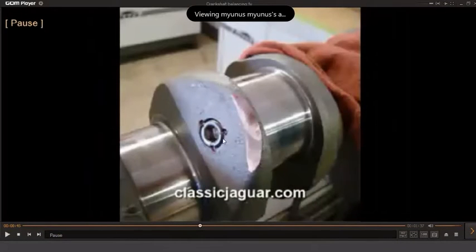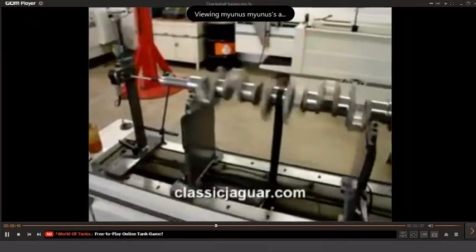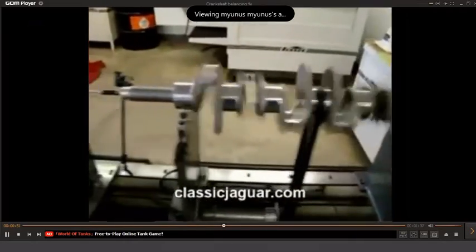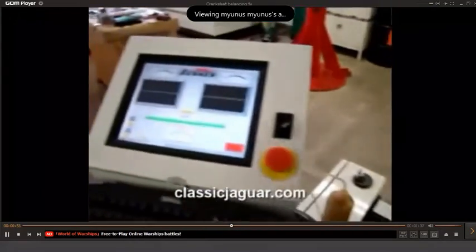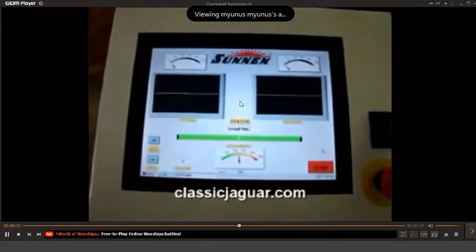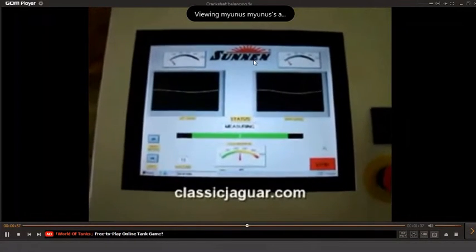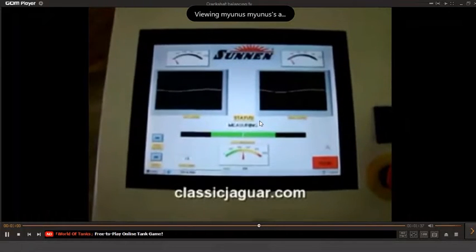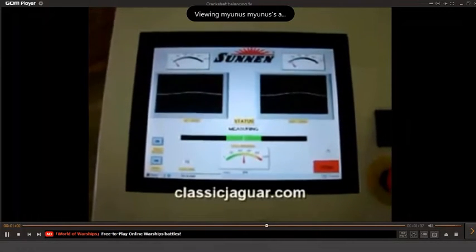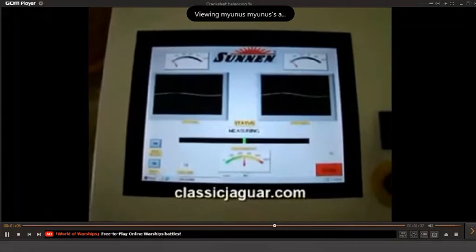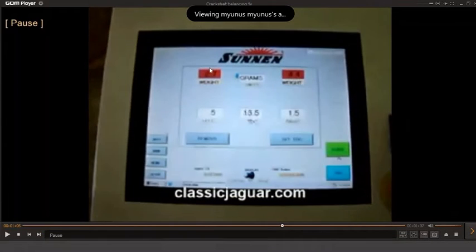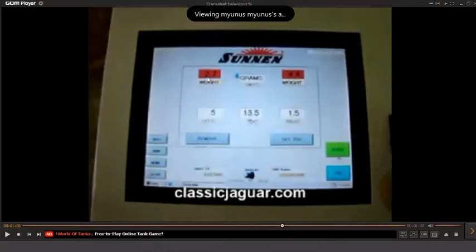This is grinding a bit, isn't it? Not balanced, look at the numbers. Of course, we cannot see the numbers. The value which is not balanced, and the position also.